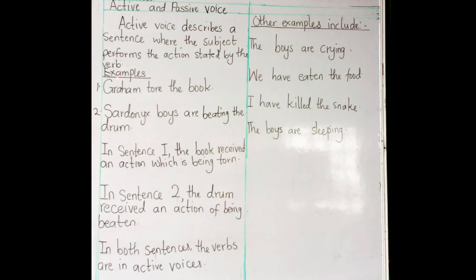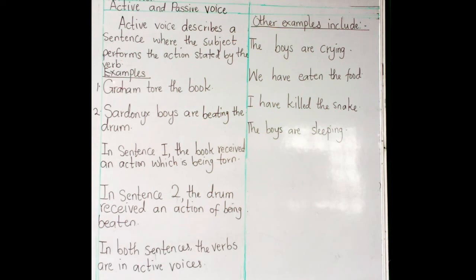Active voice talks about when you're trying to describe an action that the subject, that's the person you're seeing at the first part of the sentence, whichever action he or she carried out. It could even be an animal, it could be any form of noun. As long as the first part or the subject carried out that action, then the statement or sentence is said to be active. Now take a look at these two examples I have on the board.